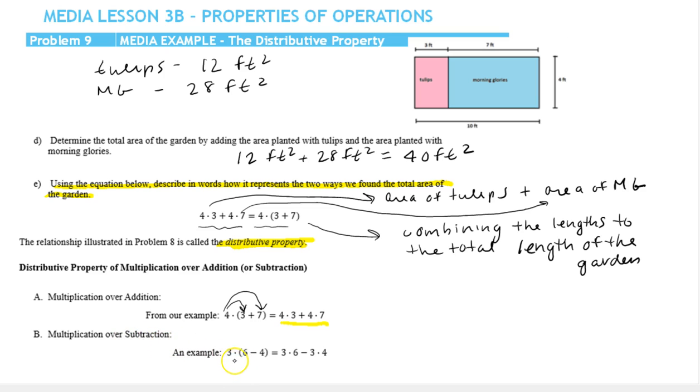So if we had 3 times 6 minus 4, okay, we could multiply the 3 times the 6 and then subtract the 3 times the 4 and find the result. Okay, so this is a different way. In these cases, it'd probably be easier to do 6 minus 4 first is 2, and 3 times 2 gives us the result of 6.